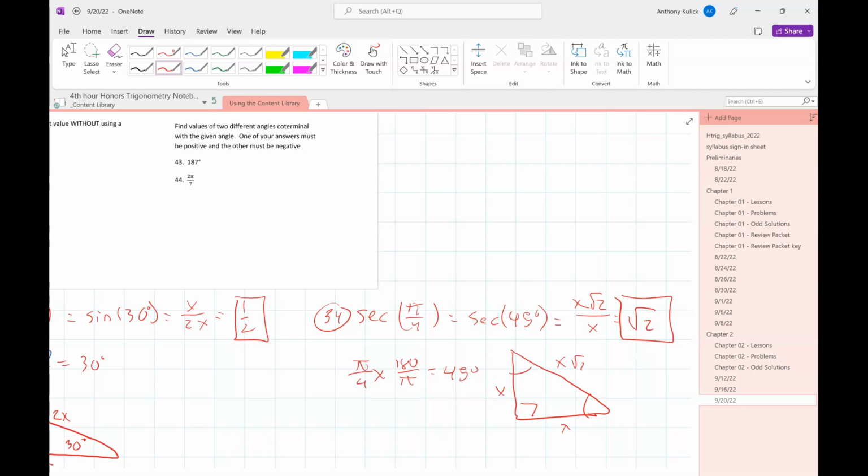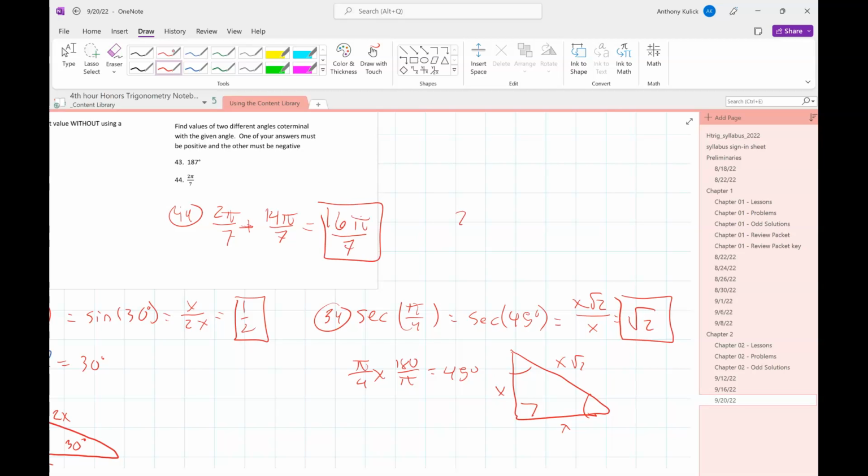44? Okay. So it says we just want to find a coterminal angle. We want one to be negative, one to be positive. Well, this is already positive, right? If I add 2 pi to that, which will definitely give me another positive result, so when I add 2 pi with a common denominator, that's 14 over 7, I get 16 pi over 7.